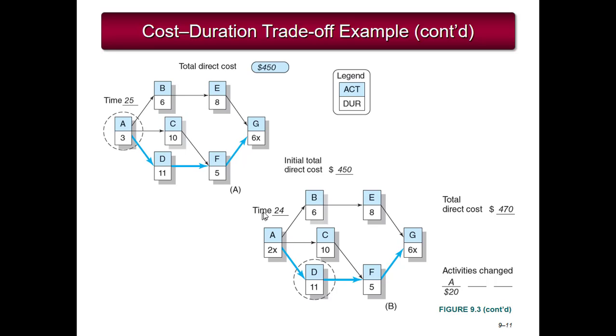The difference in the total direct cost here: the initial total direct cost was $450, and now it's gone to $470. So we have increased our cost by 20 based on the slope relationship shown in the table.